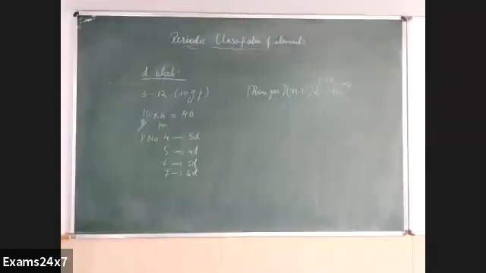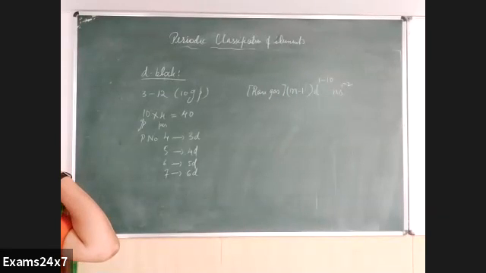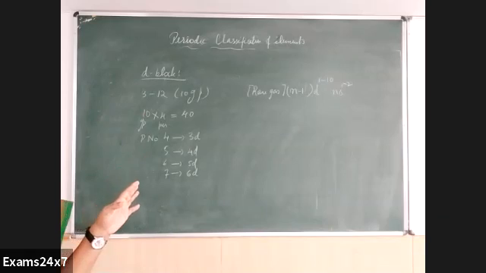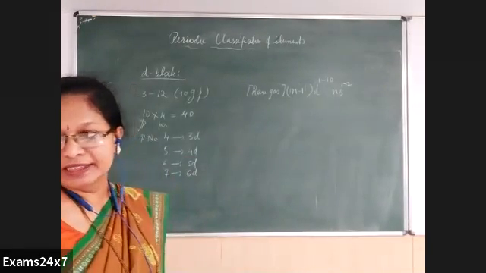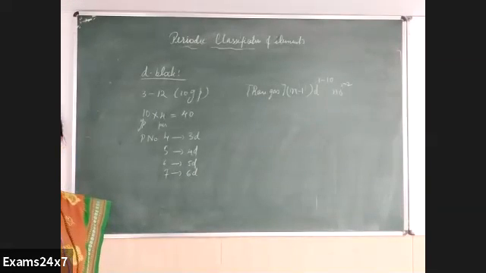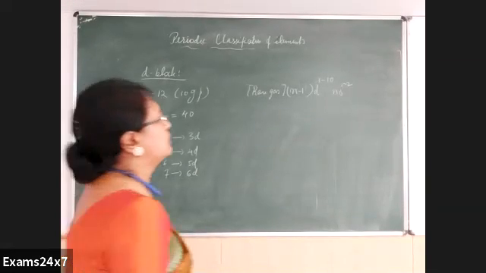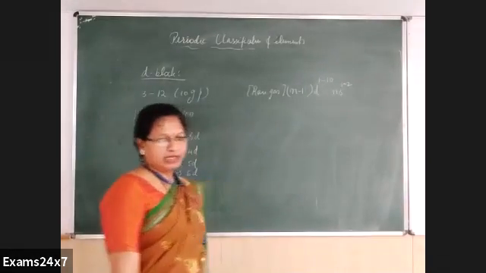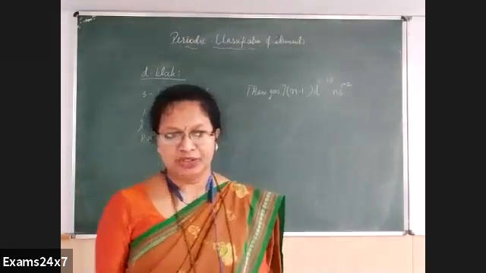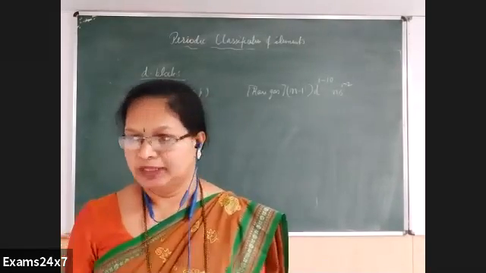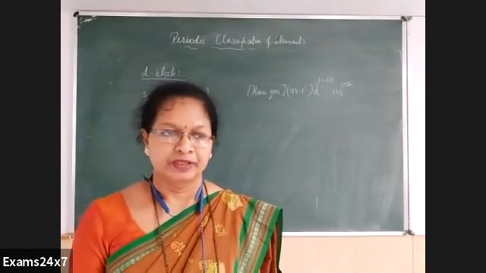Usually in the ns orbital, how many electrons will be there? 2. Sometimes it becomes 1, when the d orbitals need a half filled or completely filled configuration to be maintained. Otherwise, ns is always 2. Commonly, ns will have 2 electrons, but rarely it will get 1 electron in order to maintain the half filled or completely filled configuration of the previous d orbital. Right?